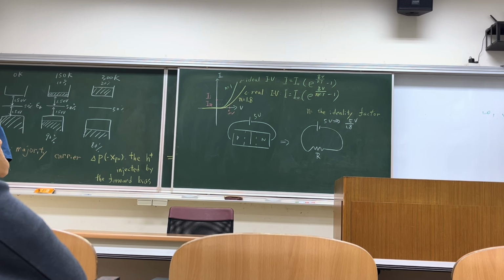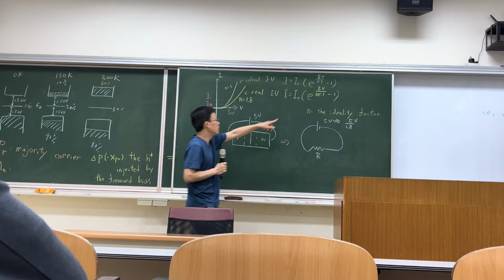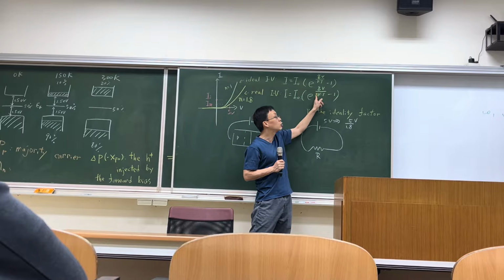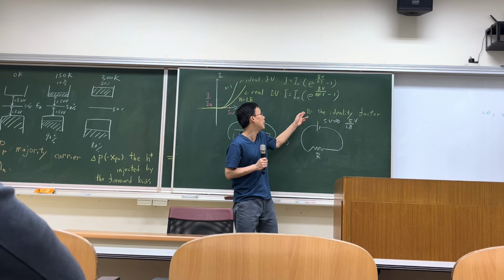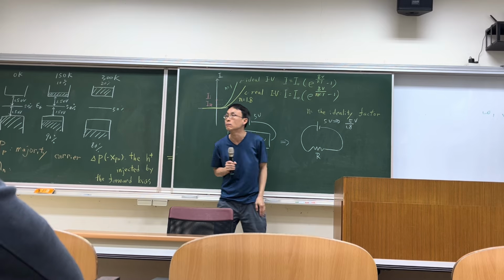The ideality factor below 0.3 volts is 2, which means your voltage is lost by half. And because you need to divide the voltage here by 2, making 5 become 2.5.